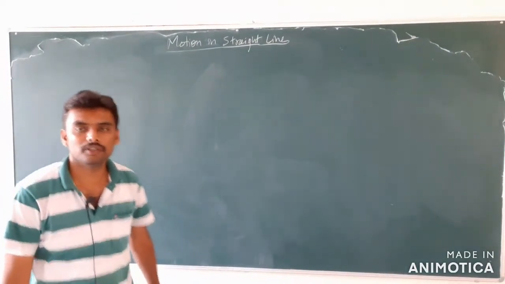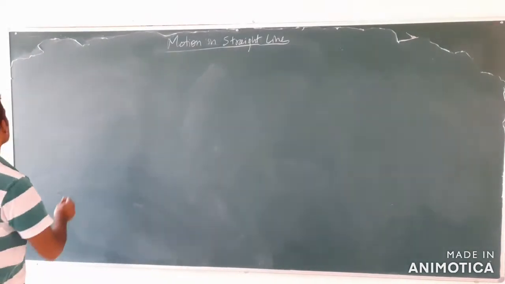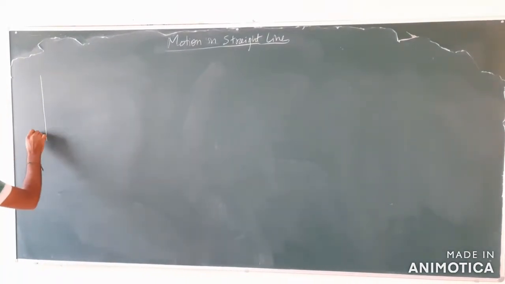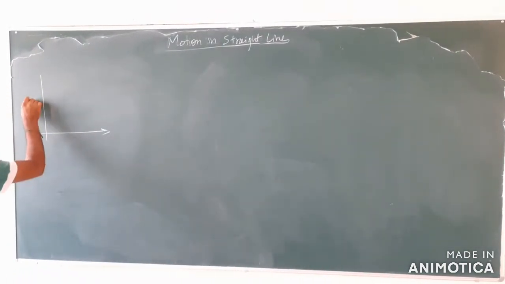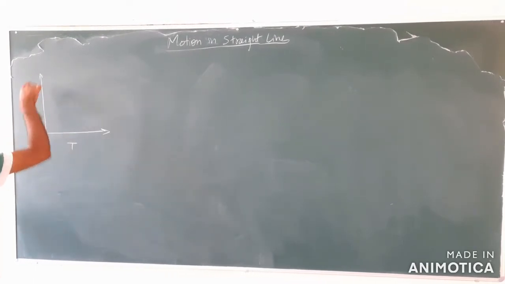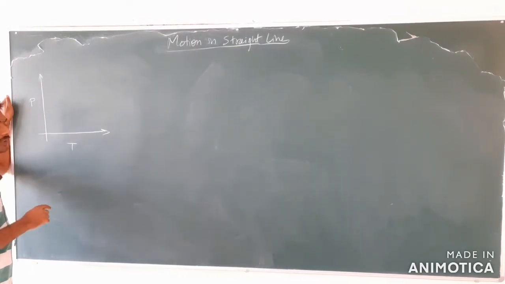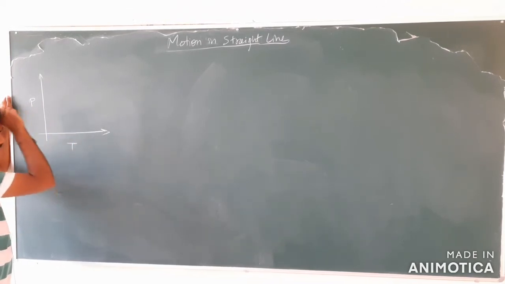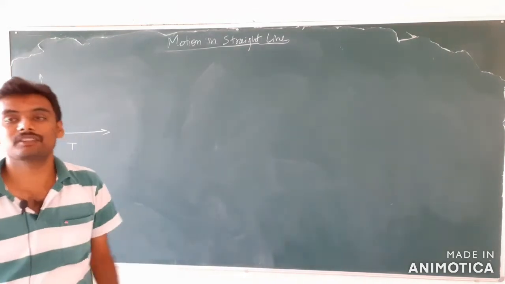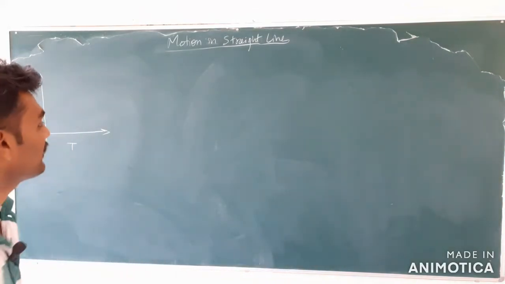First of all, a very simple PT graph. Position, time. Let me give you the factors that can be obtained using a PT graph first.